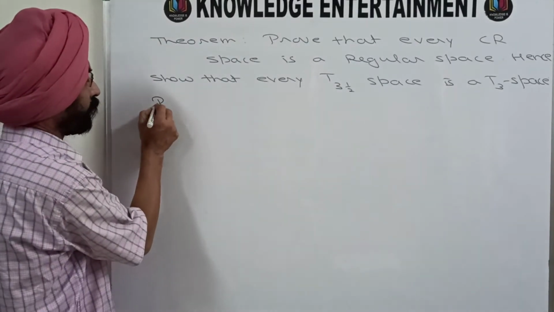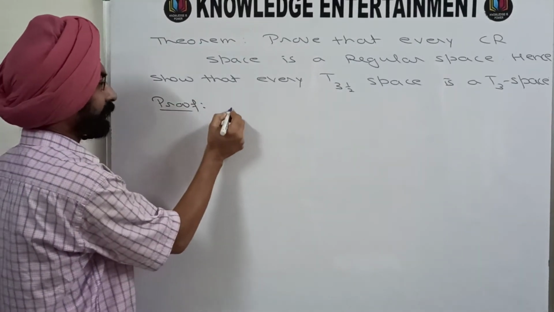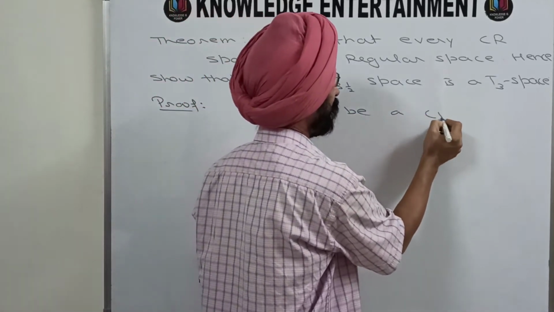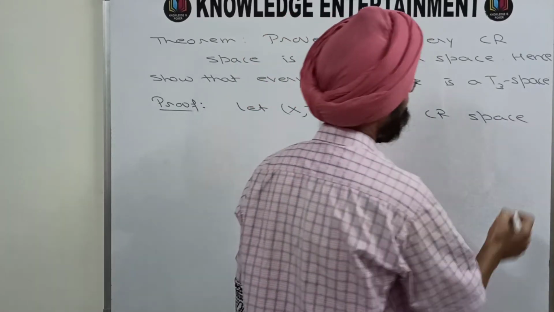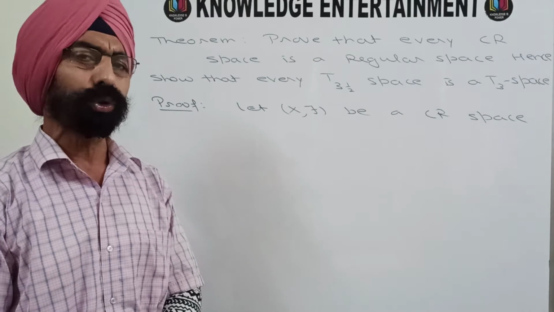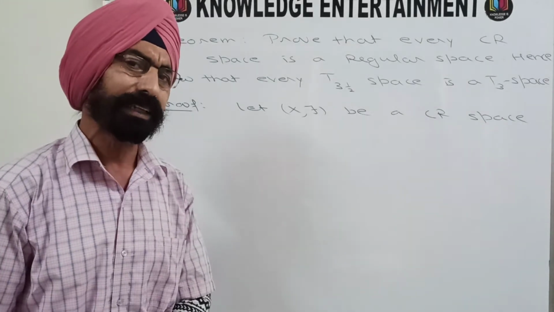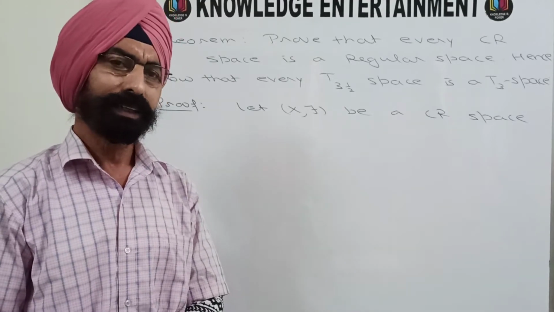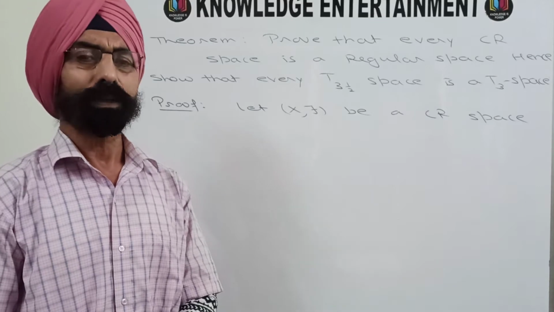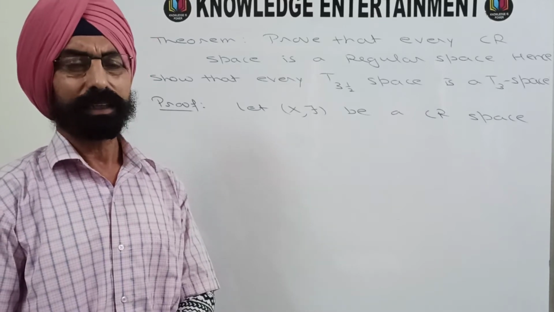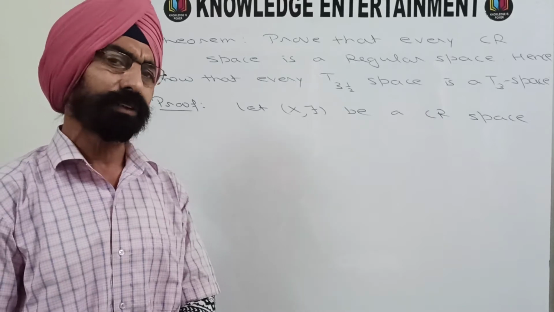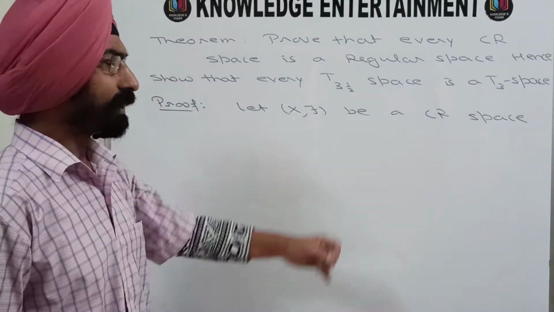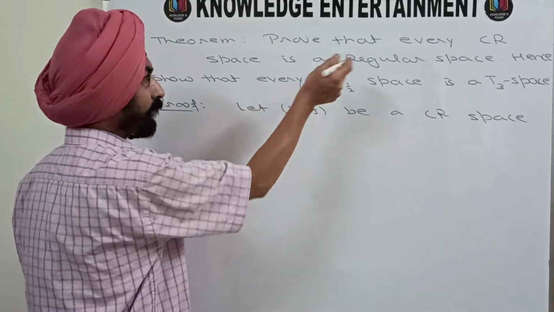So proof: I'm going to start by taking (X, tau) to be a CR space. So let (X, tau) be a completely regular space and we have to show that it is a regular space. To show that it is a regular space, we will take a closed set and a point x not belonging to that closed set, and then we will find two open sets, one containing x and one covering the whole of the closed set, such that the intersection of the open sets will be empty, and that will show that the space is regular.